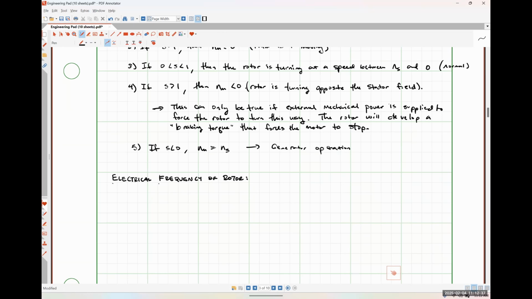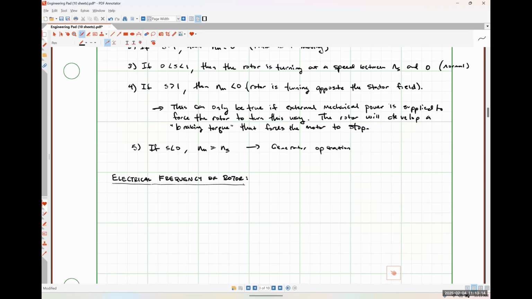Essentially, what we're trying to figure out here is if we have an AC signal generating our stator field, and then our rotor is not spinning quite as fast as our stator field is, what is the frequency of the current that is induced in our windings of the rotor?